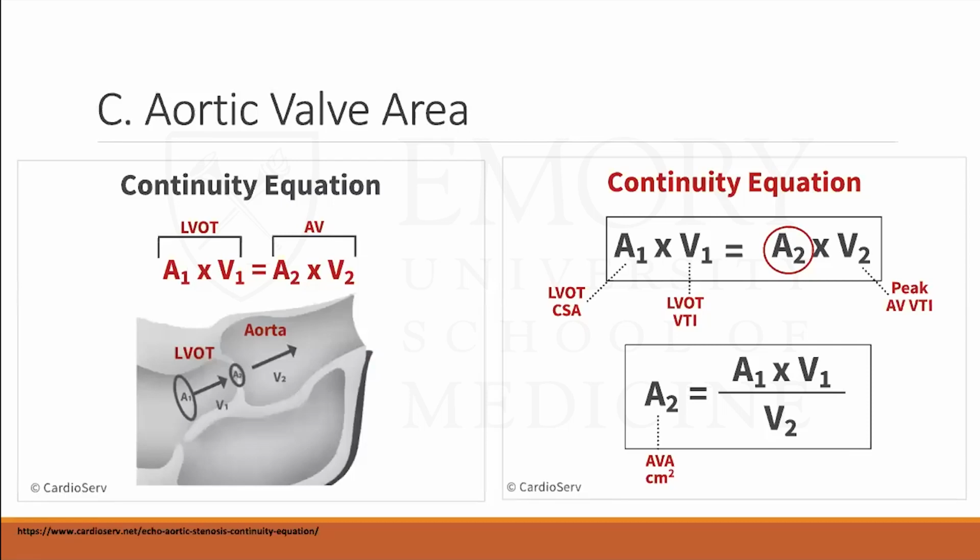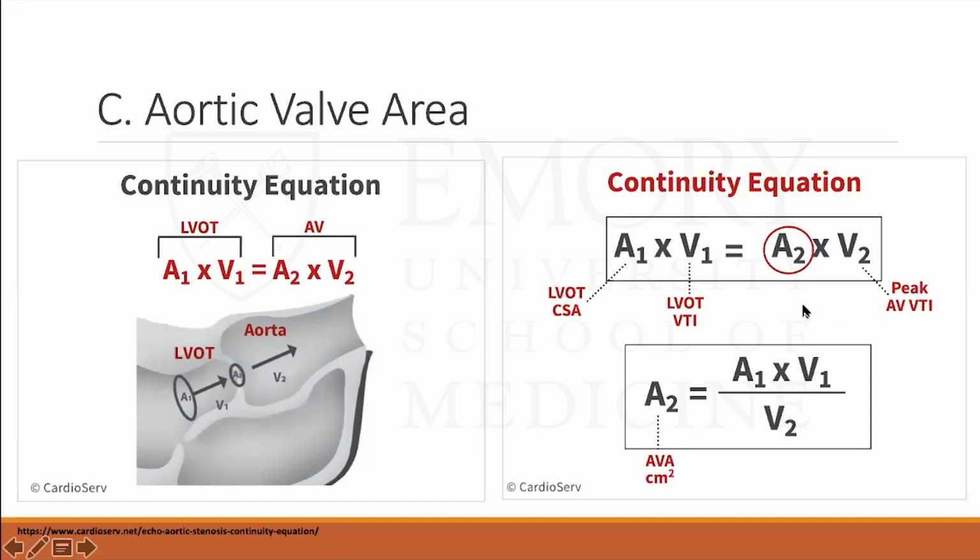So now we've talked about the aortic valve, velocities, and gradients. Let's move on to the aortic valve area. Based on the principle of the continuity equation, which is conservation of mass, basically what you're saying is that what flows in must flow out. So the area of your LVOT and the velocity of that flow should equal the area of your aortic valve and the velocity of that flow.